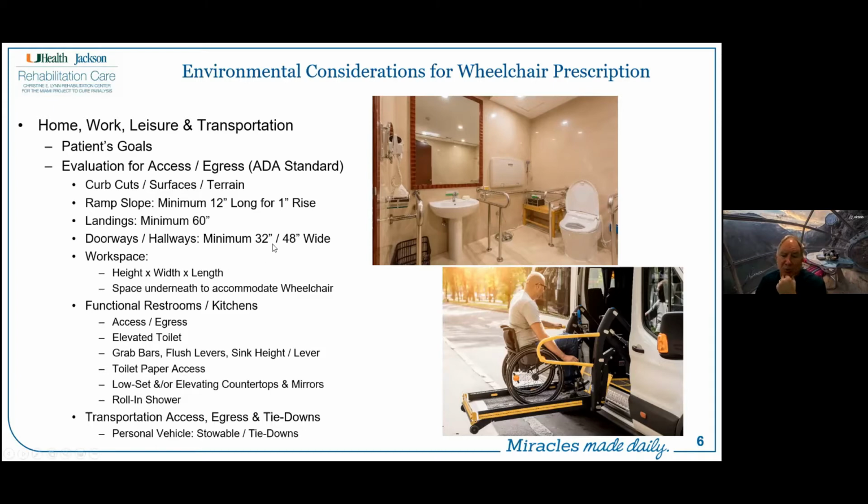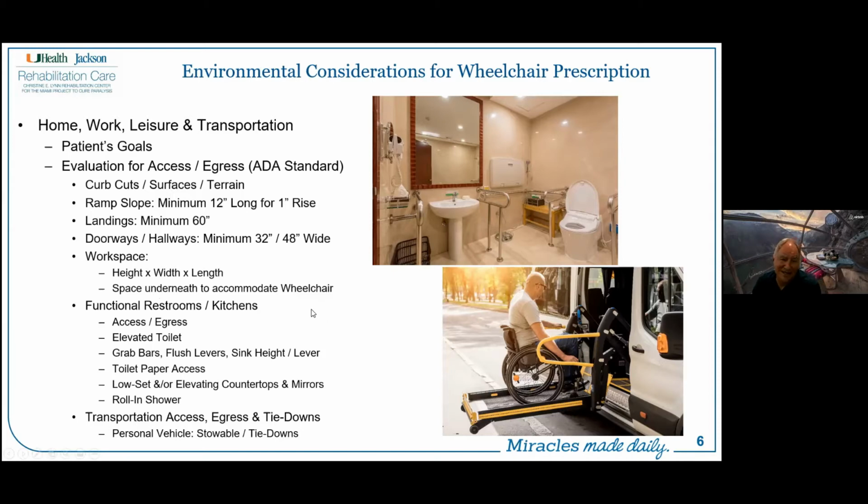So we have to keep that in account as we're looking at hip width, trunk width, etc. for the individual. For the workspace, we need to make sure we understand height, width, and length requirements, making sure that we also provide space underneath the workspace to accommodate a wheelchair.